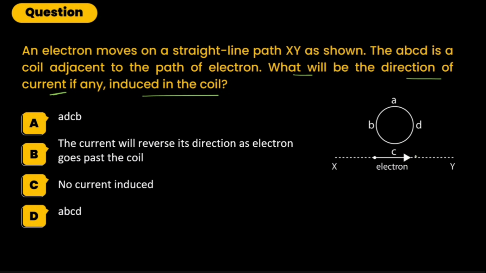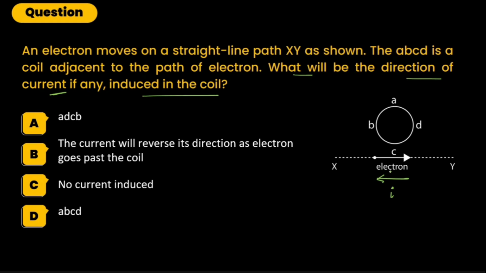How? Because we know the electron is passing from the point X to Y, so there must be some current. Current is opposite to the direction of flow of electrons.